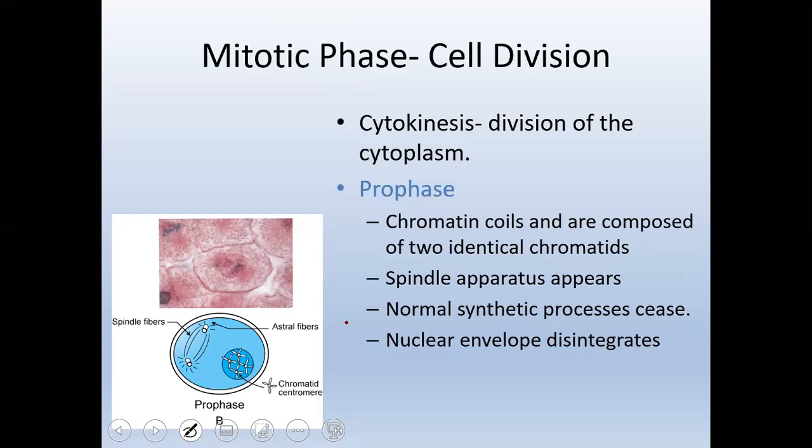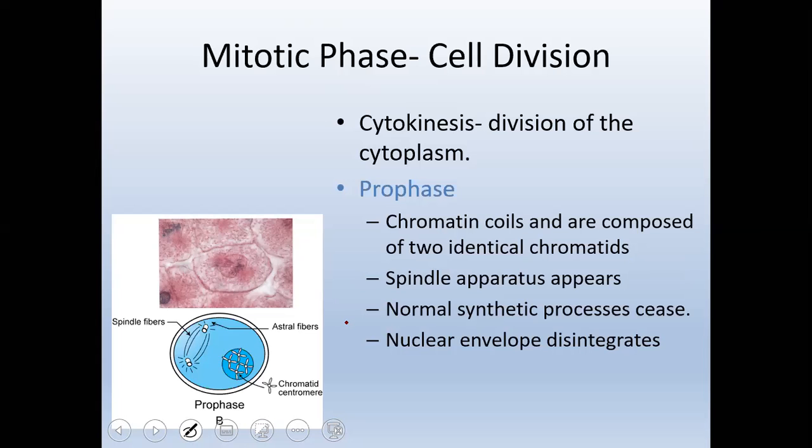Well, that doesn't do me any good, does it? So what do you think I have to do? I got to get rid of the nucleus. I can't divide and share this DNA if it's all trapped inside this nucleus. So the first thing that I need to do is start dissolving this nucleus and setting the DNA free.